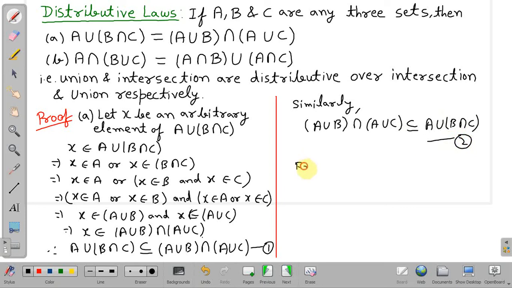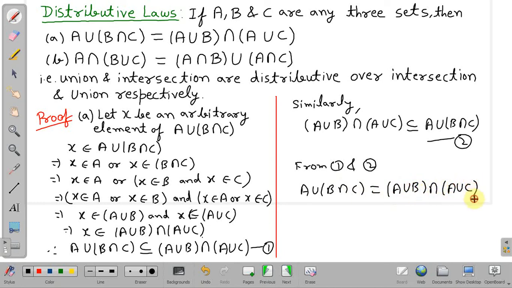So from 1 and 2, if this is our set x and this is our set y, we have proved that x is a subset of set y and y is a subset of set x. So from 1 and 2 we can conclude that A union (B intersection C) is equal to (A union B) intersection (A union C). Okay.